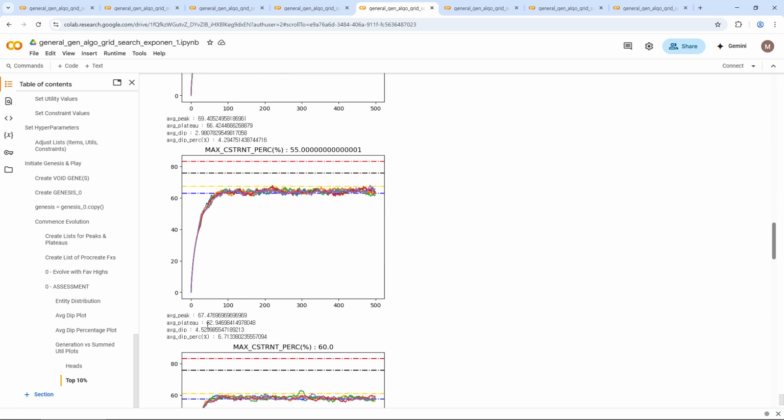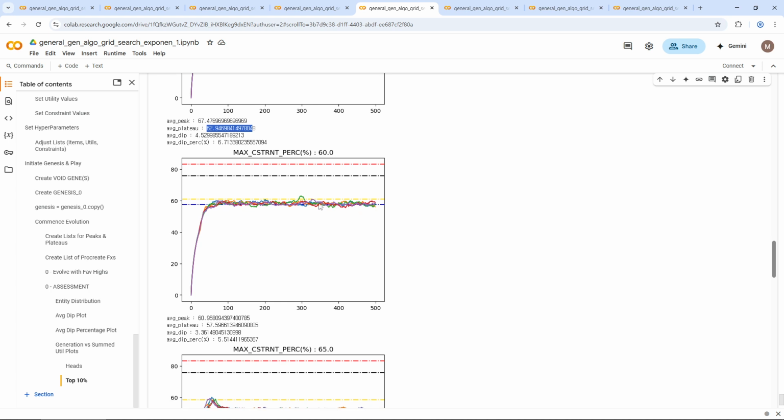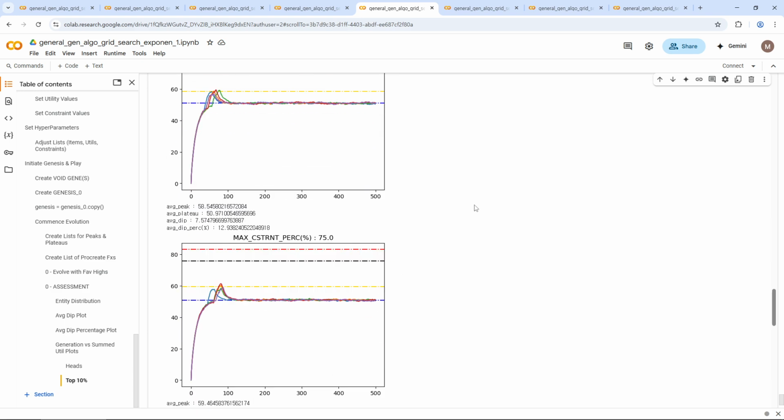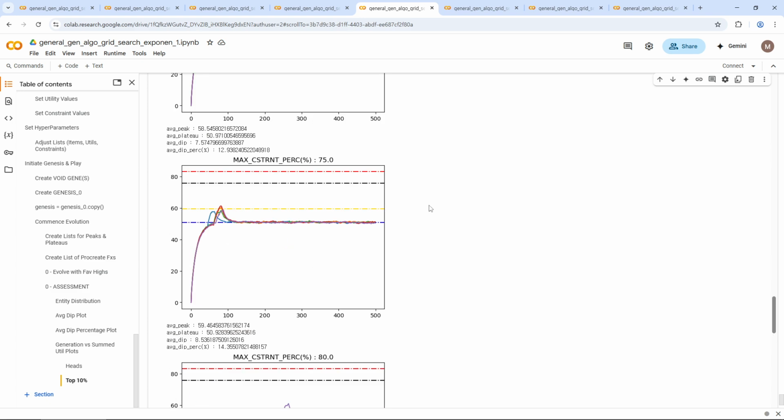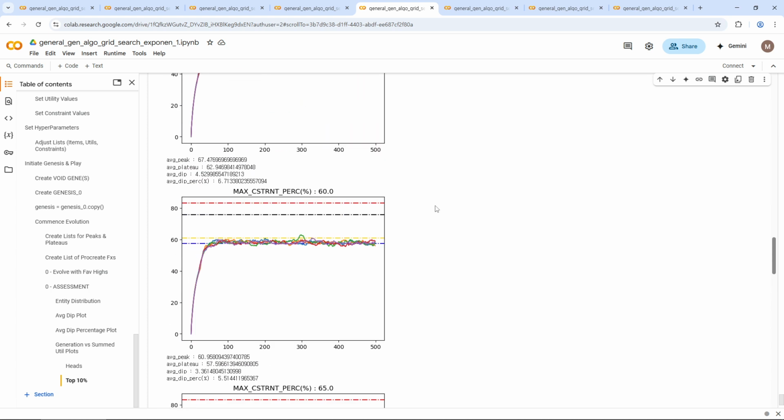55, 60, and 80. Okay. Cool. But the plateau levels are all going down, aren't they?